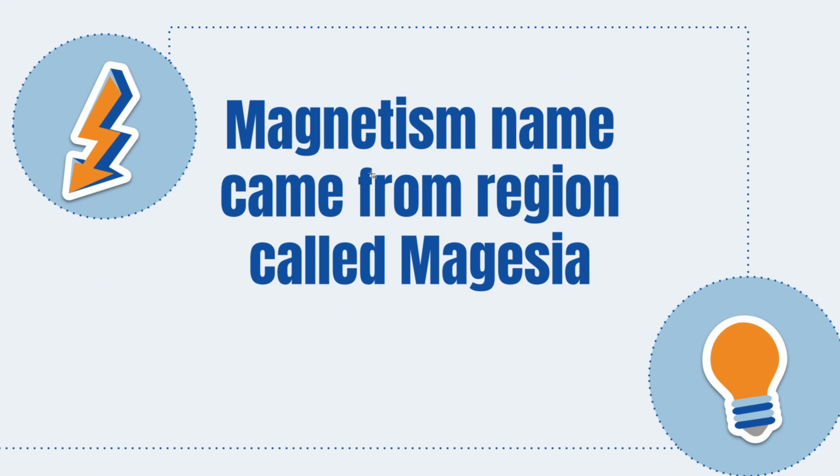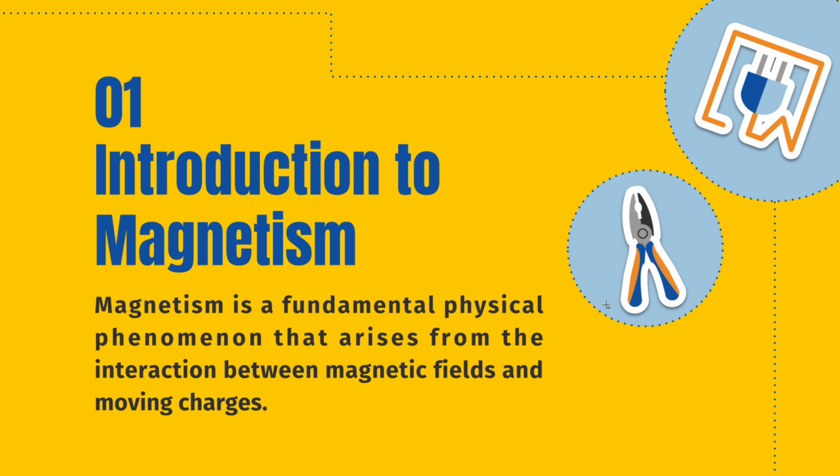Before diving into the details of magnetism, we should know that the term magnetism came from the region called Magnesia. Now, the introduction to magnetism says that magnetism is a fundamental physical phenomenon that arises from the interaction between a magnetic field and moving charges.